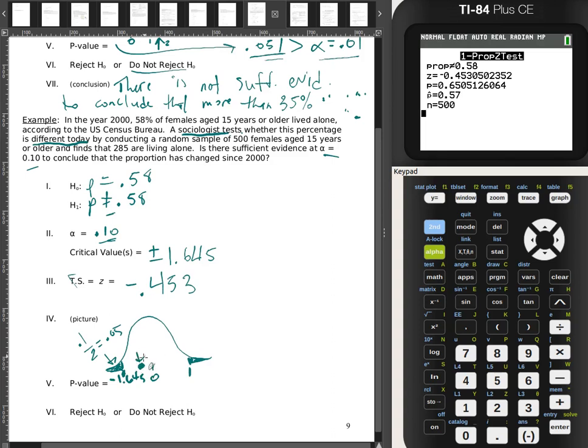This is our test statistic, this z, and it's not inside of the critical region. We also have that the p-value is 0.65. Wow, it's a large probability to get such a test statistic. And that's greater than the level of significance, which was 0.1. So we should not reject the null hypothesis.